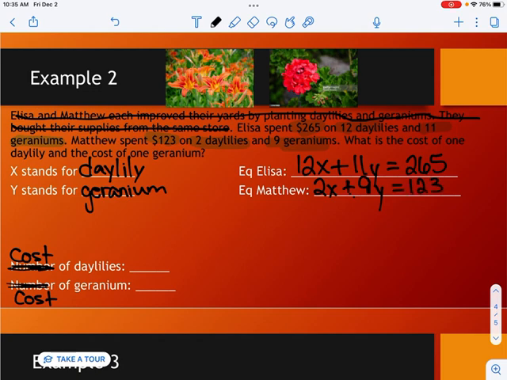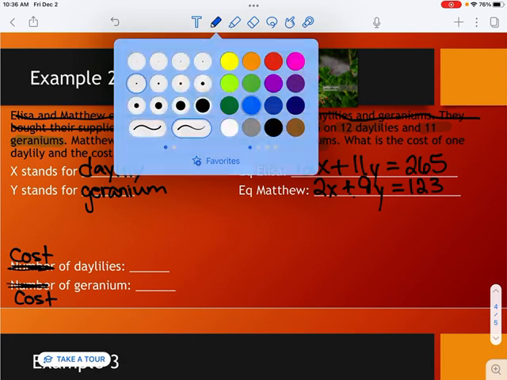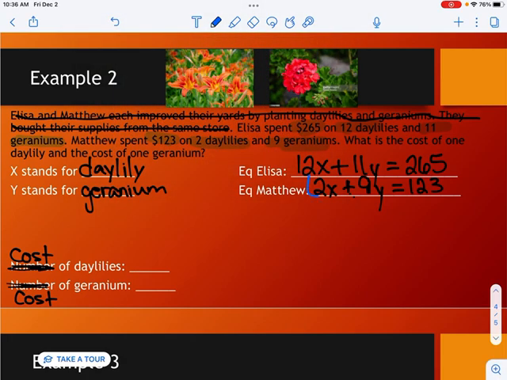As we look at this, the problem is once again set up for an elimination process. So I'm going to take the bottom equation and multiply it by -6.